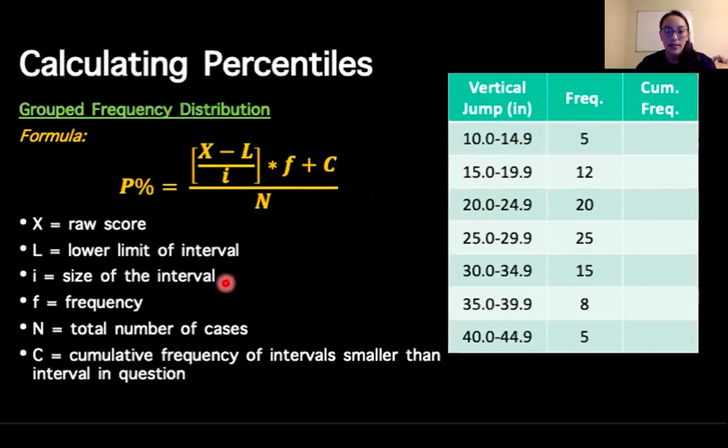I is the size of the interval, and we calculate this by taking two adjacent groups. Usually I start at the low end or the high end, not the middle. It shouldn't matter, but I usually build my equations from the top down.